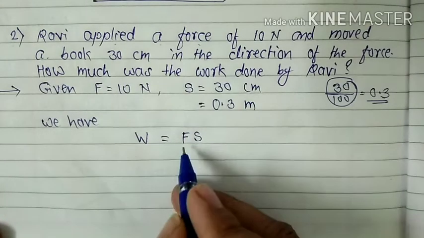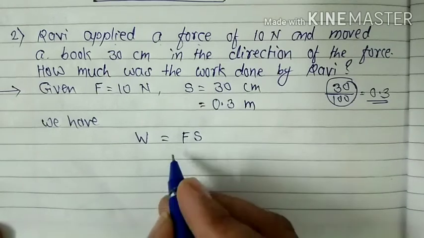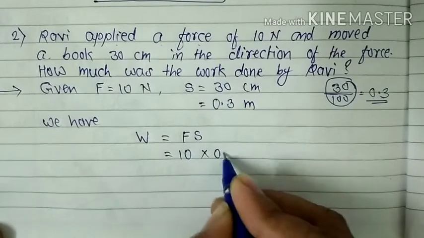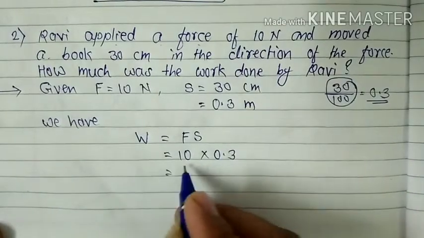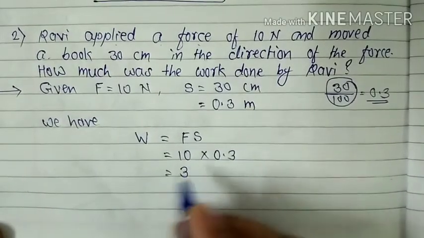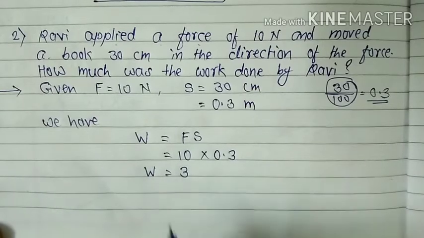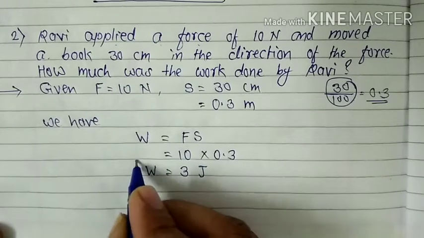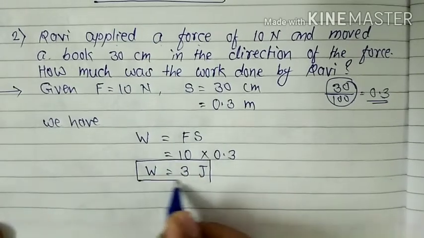Work done is the product of force and displacement. So is equal to 10 into 0.3, so is equal to 3 work done. And what is the unit of the work done? It is joule. So work done is equal to 3 joule.